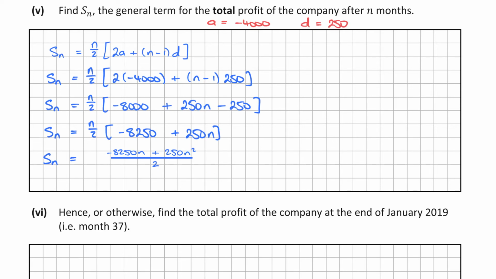So what that will turn into is that S of n will be equal to 4,125n plus 125n squared.